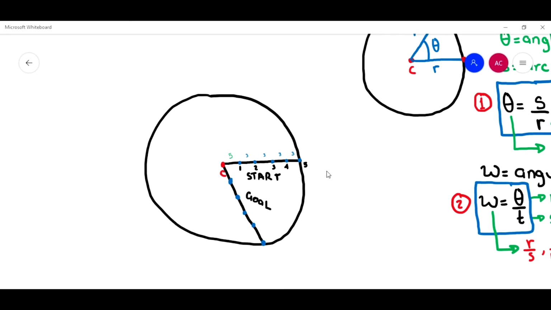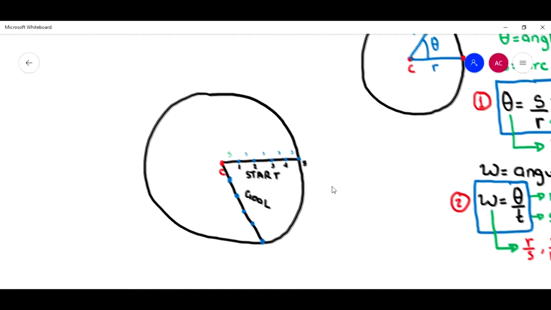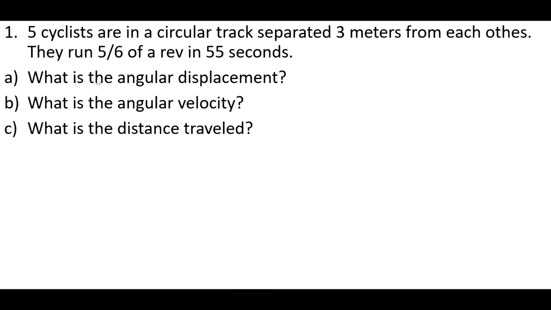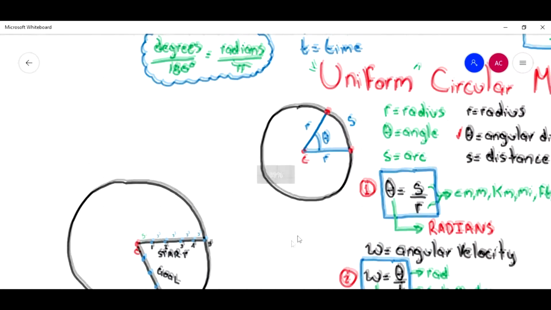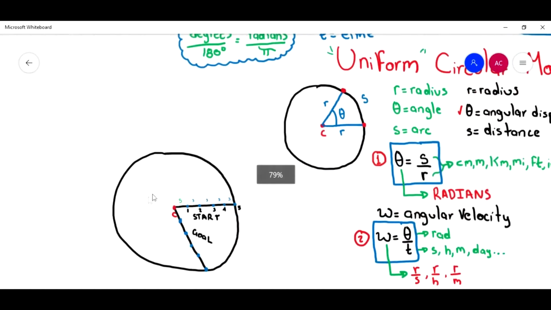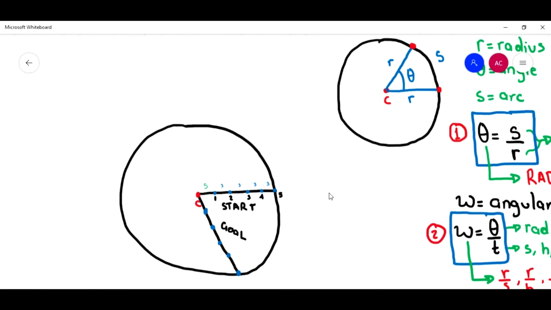So let's find the answers. The first question is, what is the angular displacement? Remember that the angular displacement is kind of the angle. It's the angle that they travel, but measured in radians.